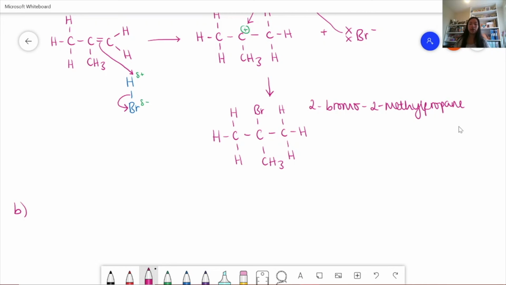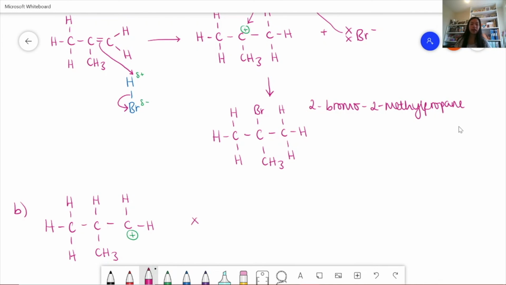So if I draw out the carbocation, so if the hydrogen from the hydrogen bromide attached itself to this carbon and then broke the double bond, and we only had two hydrogens on this last carbon, this would then have the positive charge.